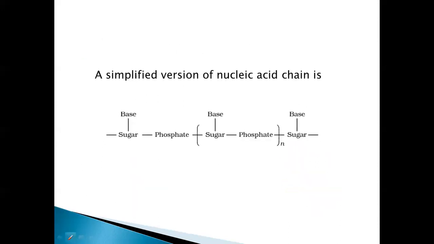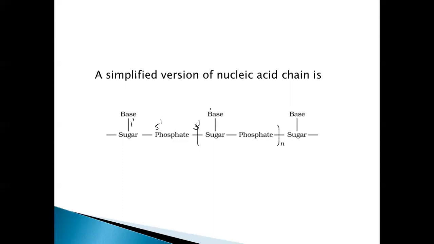So how a polynucleotide chain is formed in a simple version is sugar. First of all, it is linked to a base and a phosphate. So base at 1' position and phosphate group at 5' position. This phosphate is again linked to the next sugar at 3' position, right? So next sugar, this is linked with a 3' of this and 5' of this with the help of phosphate.